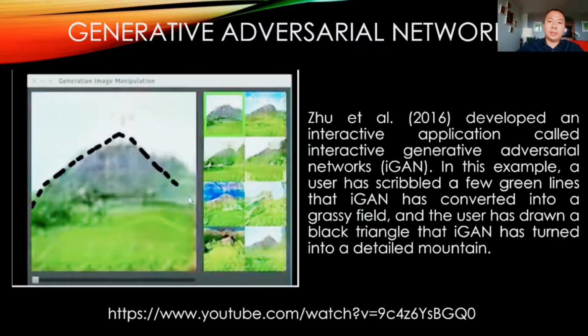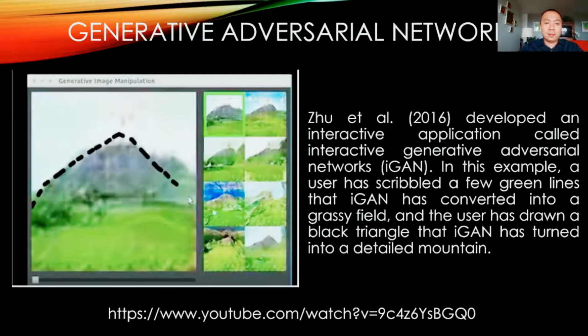Zhu developed an interactive application called iGAN, or Interactive Generative Adversarial Networks. As you can see, based on this example, the user has only scribbled a few green lines. Based on these few green lines, the machine was able to create all these images. It was able to create a mountain with a grassy field using a simple black triangle.